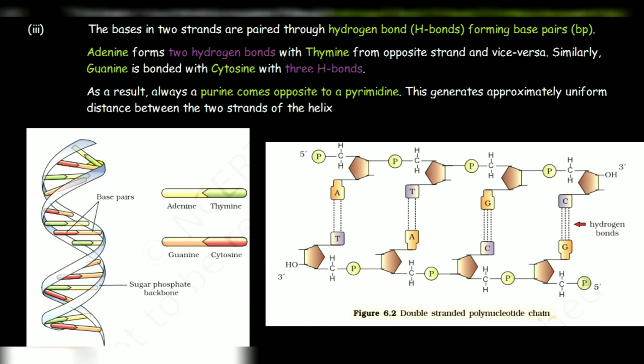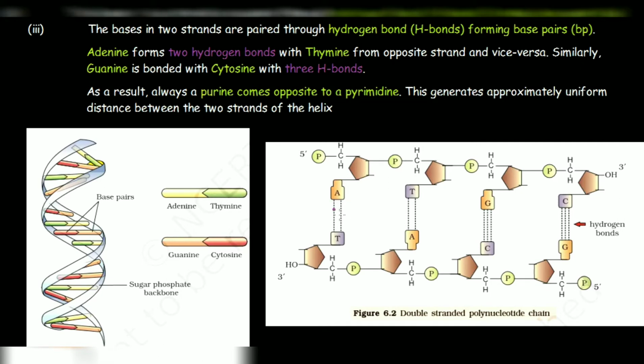The next point is that the bases in the two strands are paired through hydrogen bonds. Here you can see that the bases are bonded. That is why it is possible to have the compatibility of the two strands together. So the bases in the two strands are paired through hydrogen bonds, forming base pairs. Adenine will form two hydrogen bonds with thymine.